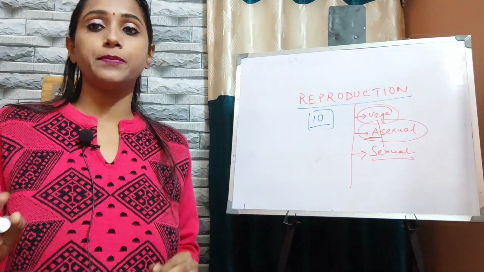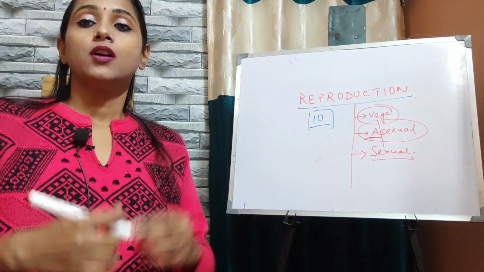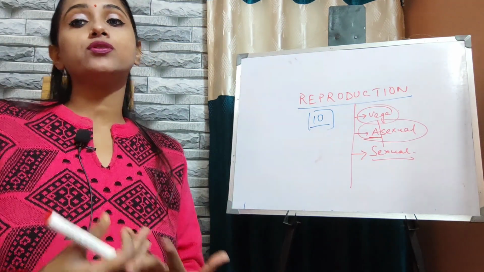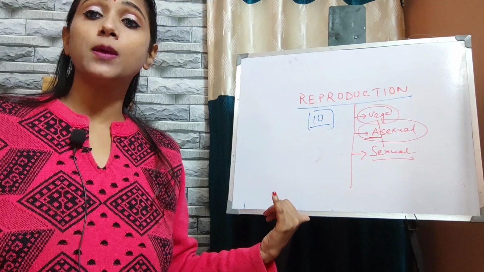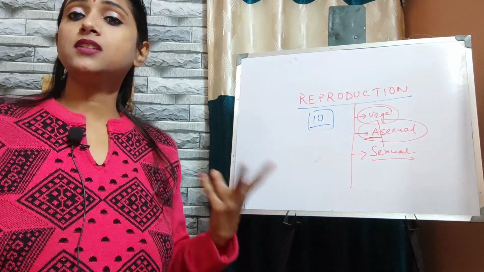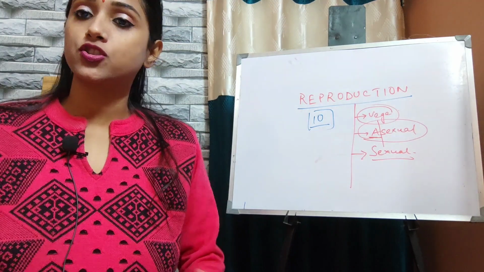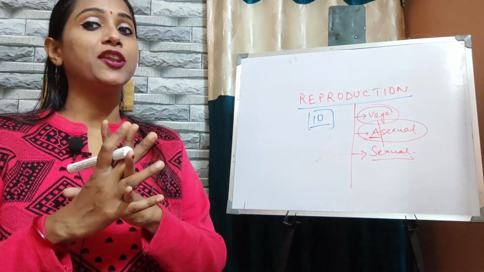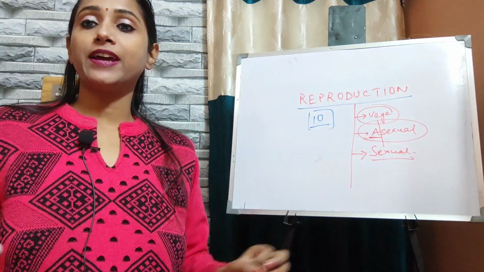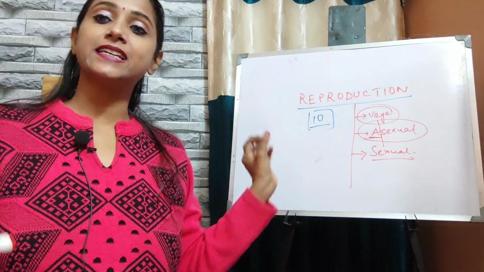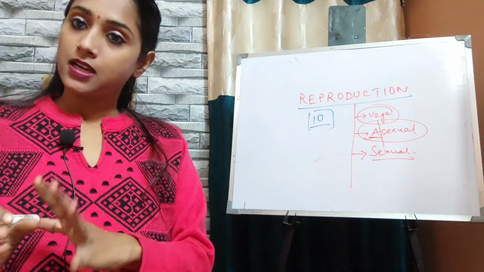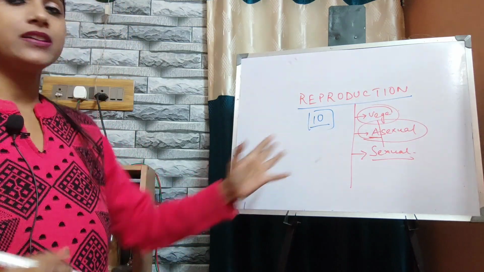That means one parent is enough to produce the offspring. So these are the two major differences. As there is no gamete formation and no exchange of gametes, there will be no variation, no mutation. It will be identical to the mother plant. Clear? Now it has several types.